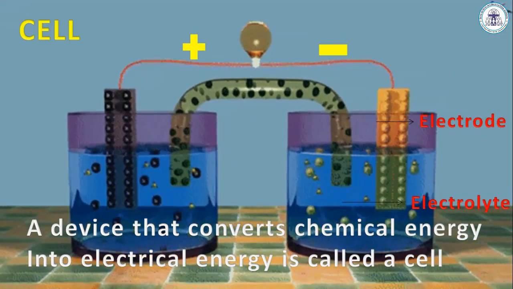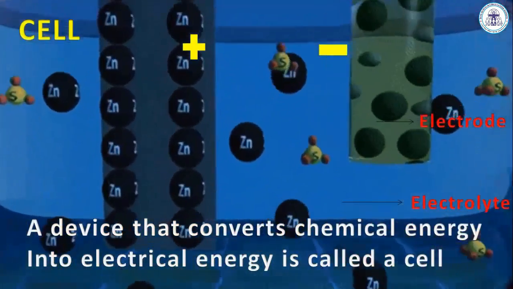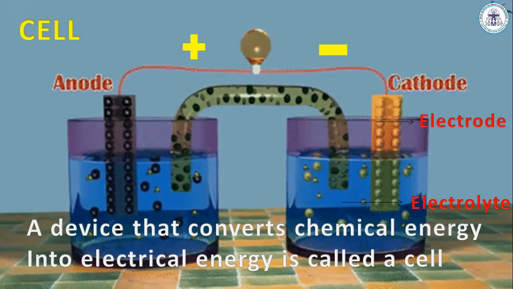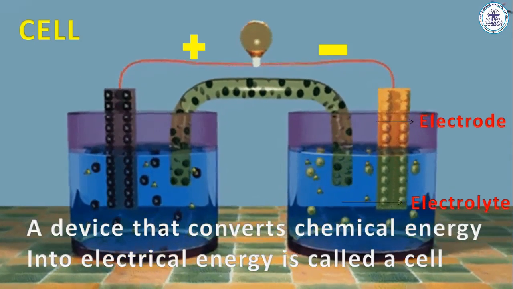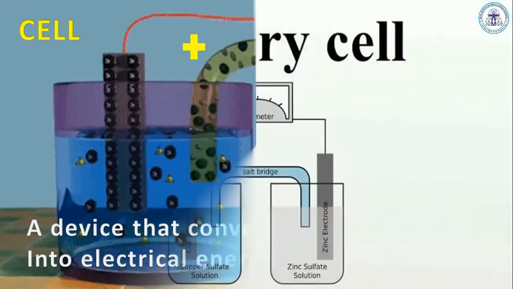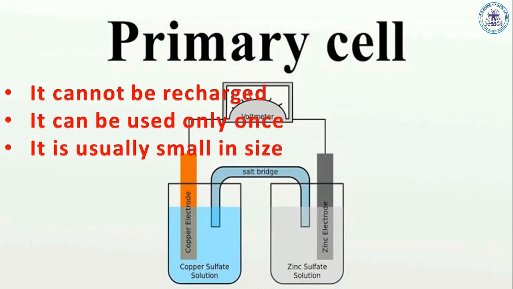Now, depending on the continuity of flow of electric current, cells are classified into two types. They are primary cells and secondary cells. Let's know more about each one of them. Primary cells. Primary cells cannot be recharged often. They can be used only once.